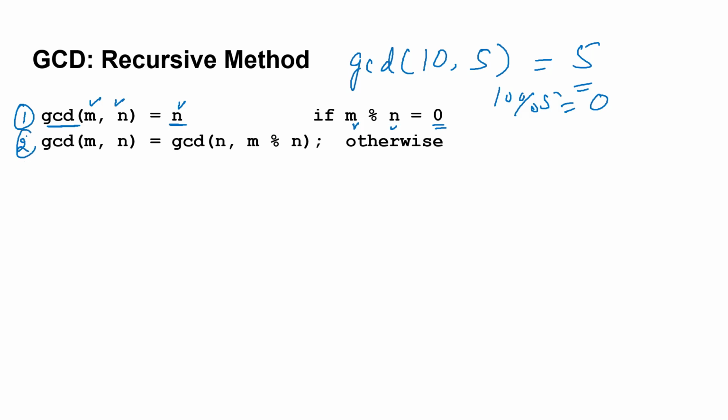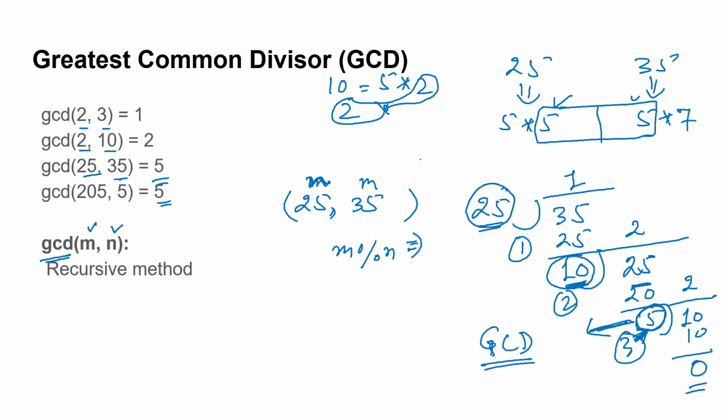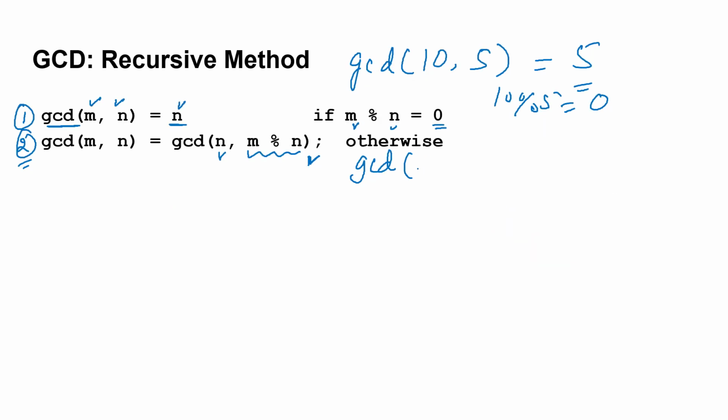Otherwise, in the other case, when you have to find out the GCD of m and n, then that will be the GCD of n and the remainder of m divided by n. This is what I was showing you with the help of this division operation. As an example, when we had to compute the GCD of 35 and 25, how did we do that?